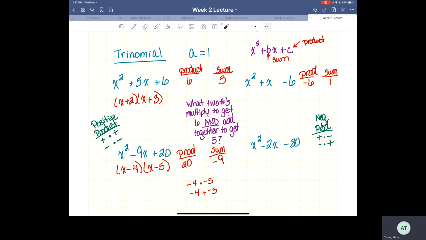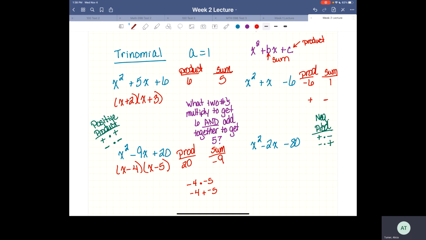So if I have a product that's negative, I am looking for numbers where one is positive and one is negative. Okay? It has to be that way. If it's not that way, then you've got the wrong numbers. To get a negative product, you've got to have one number positive and one number negative.